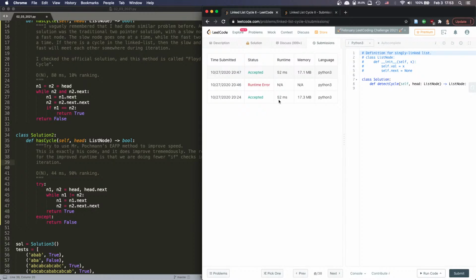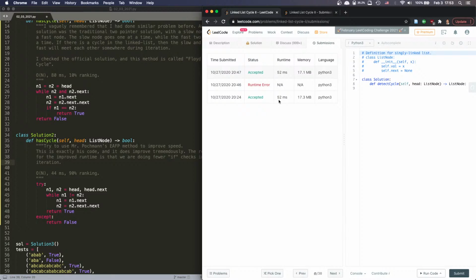Yeah, because the fast one is always one step ahead after each iteration, and it basically has to catch up to the slow one by taking that many steps. And when taking that many steps, the slow one goes back to this position.